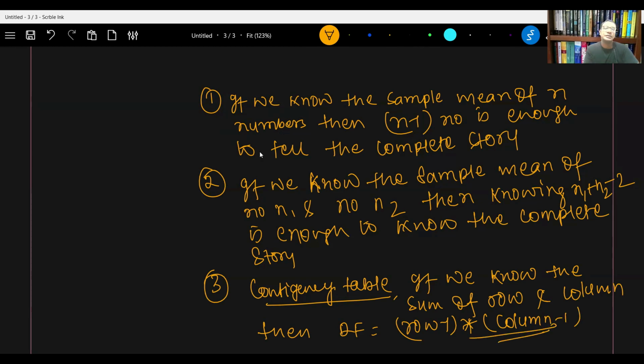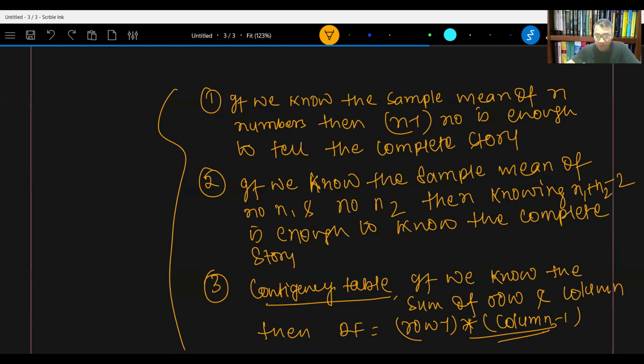So that is the concept of degree of freedom. Clear? Okay.